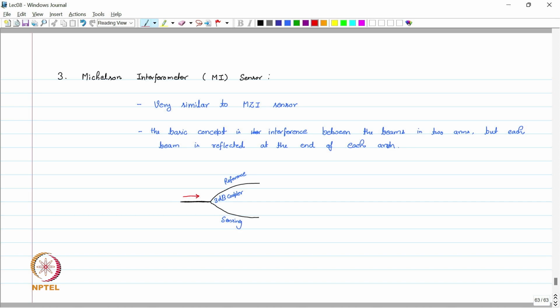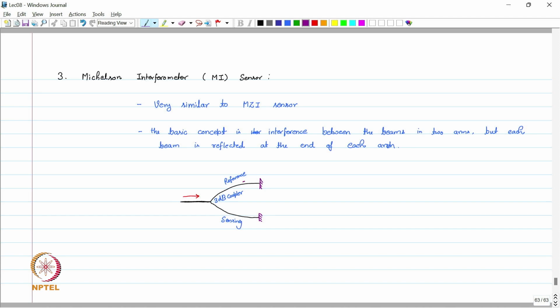Now instead of completing these arms, we put some sort of mirror here. This is the actual mirror where we are reflecting the light.